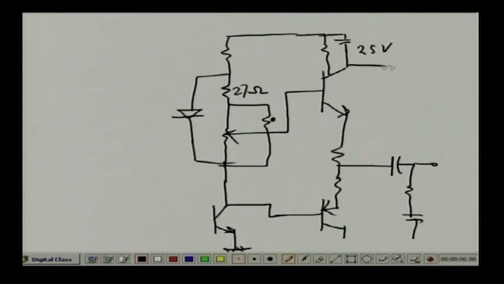This 25 volt can be connected here. In fact, the 25 volt should come here. This is typically an amplifier, where the signal will come from this direction and go down there.